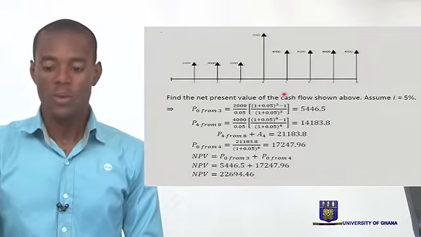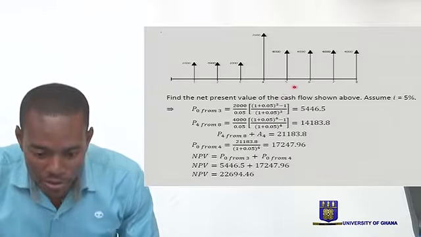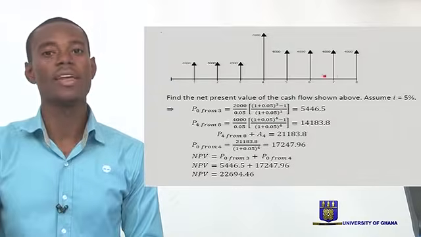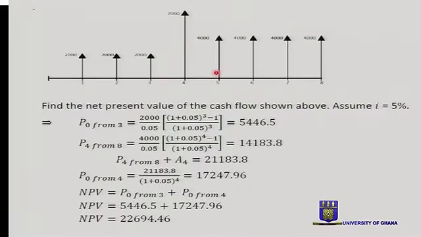Think about it. We are moving from period 5 to period 8. Now, the period preceding the beginning of this cash flow is period 4. And so if we use this formula, it will bring us to period 4. Now, we will have to take that value as a single sum and take it to what? Period 0.